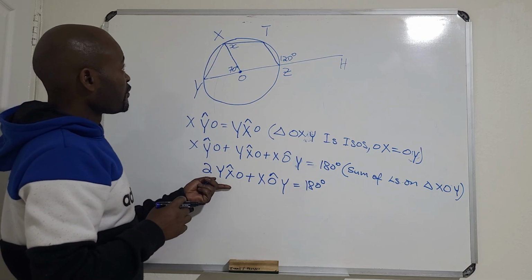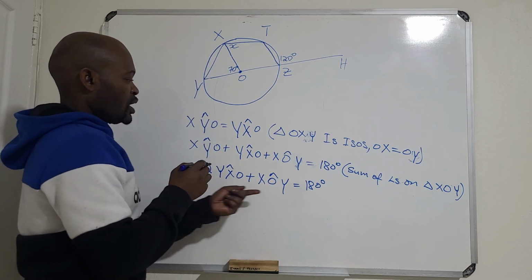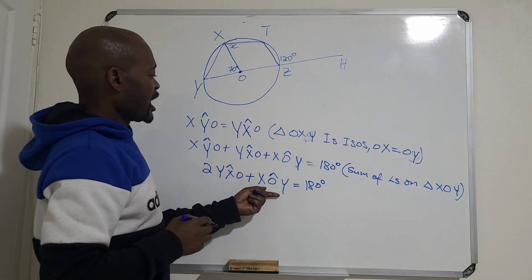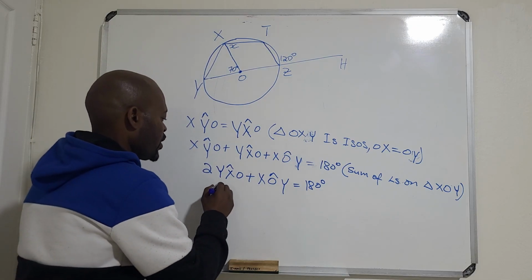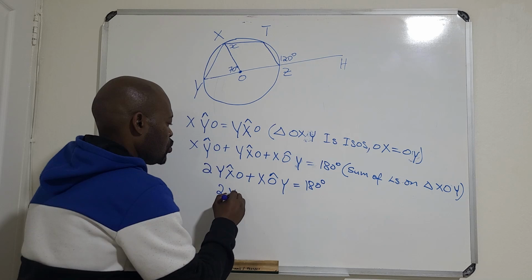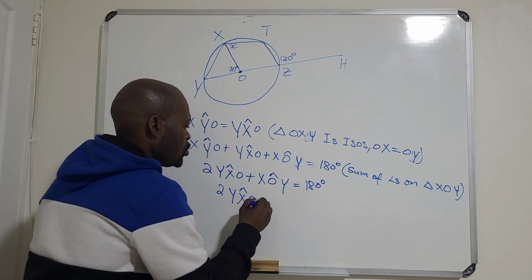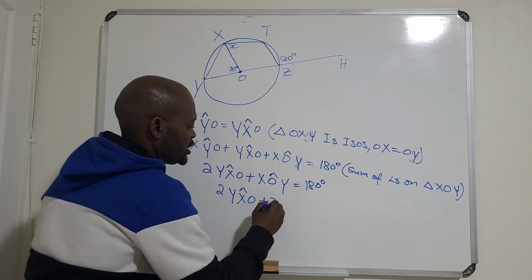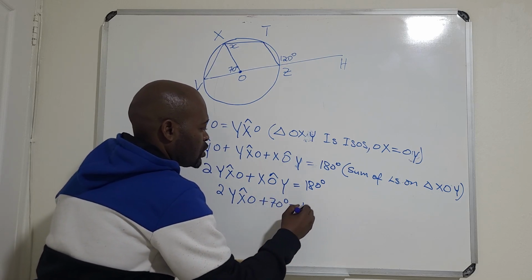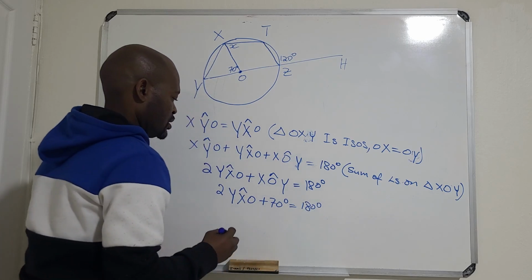Now, we are looking for this angle. We know angle XOY. Therefore, we have 2 angle YXO plus 70 equals 180 degrees.